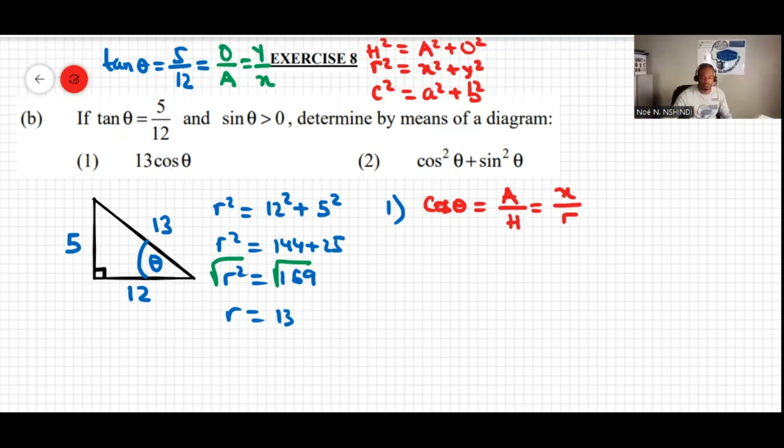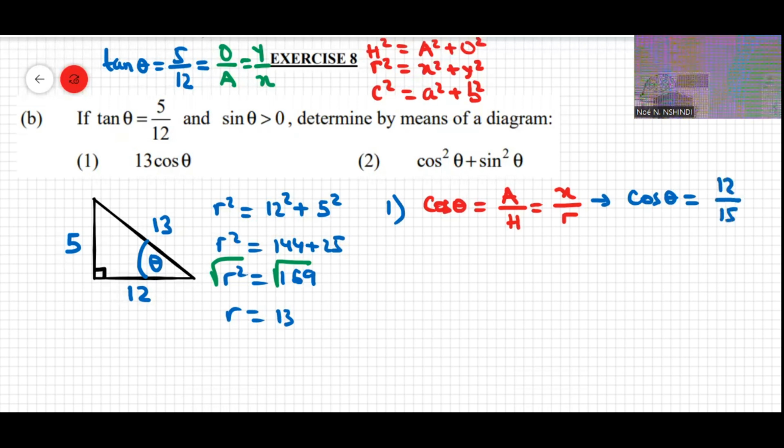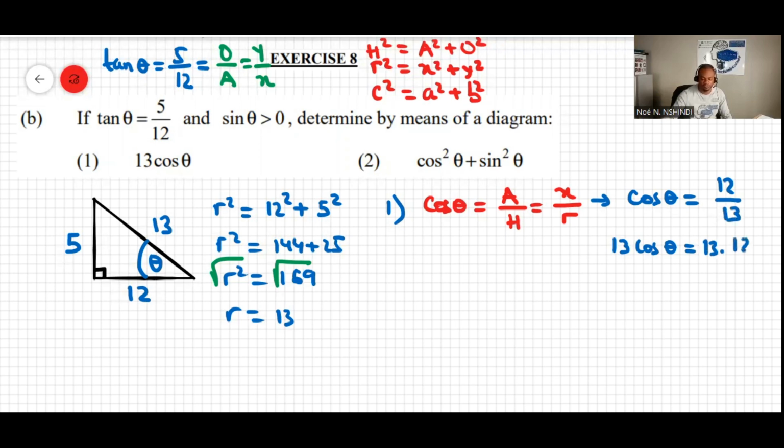Now we can substitute: cos theta will be equal to adjacent 12 over hypotenuse 13. So 13 cos theta will be 13 times 12 over 13. These two can simplify, and then the answer is just 13 cos theta equal to 12.